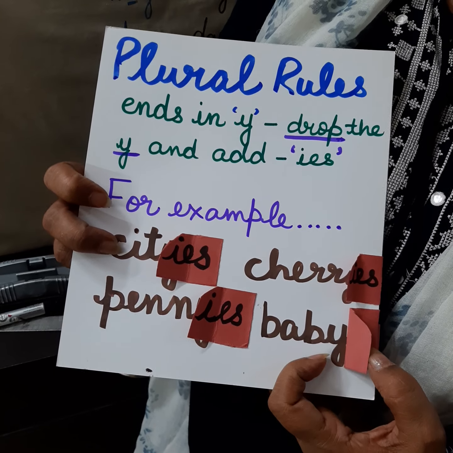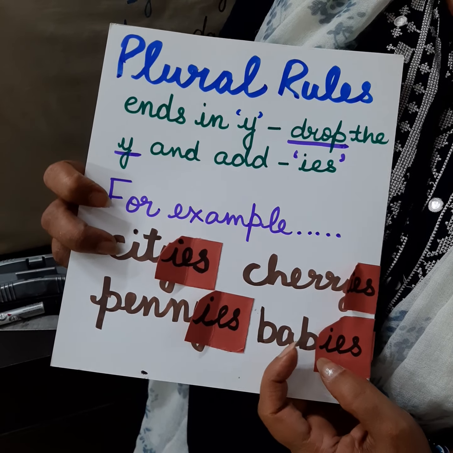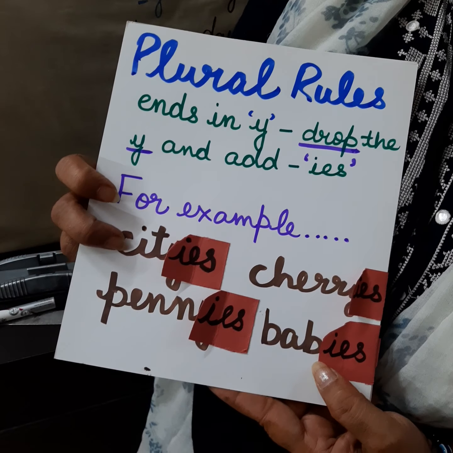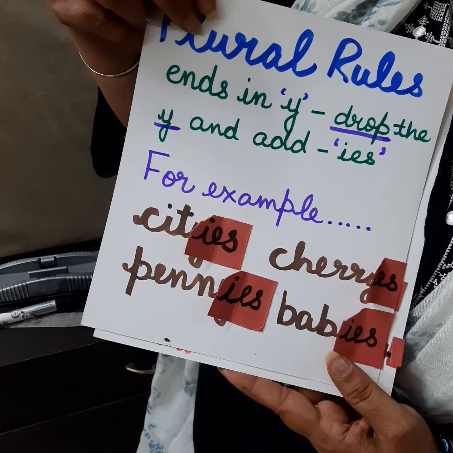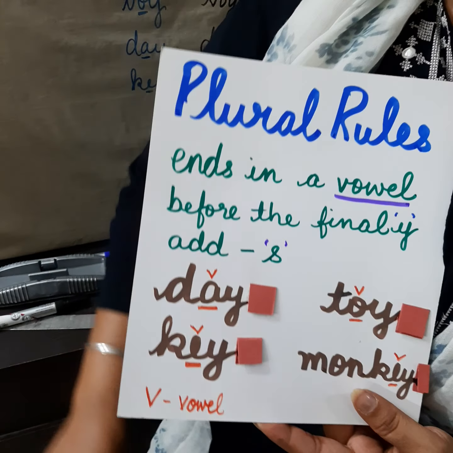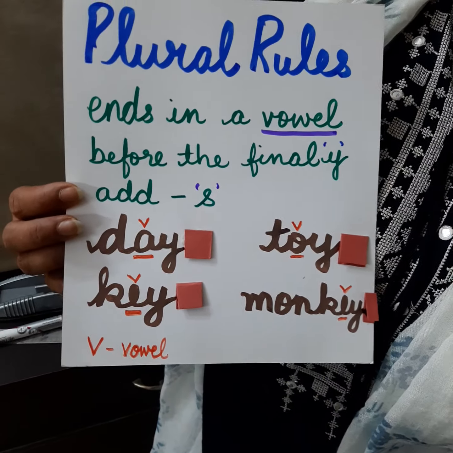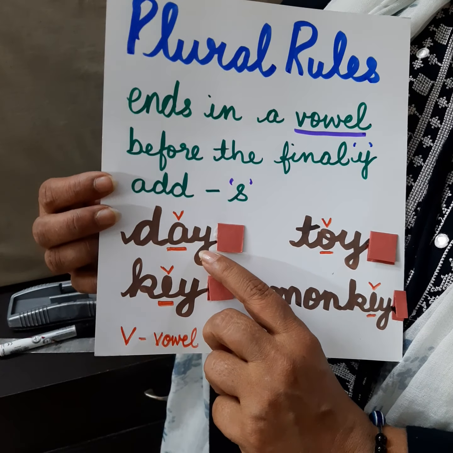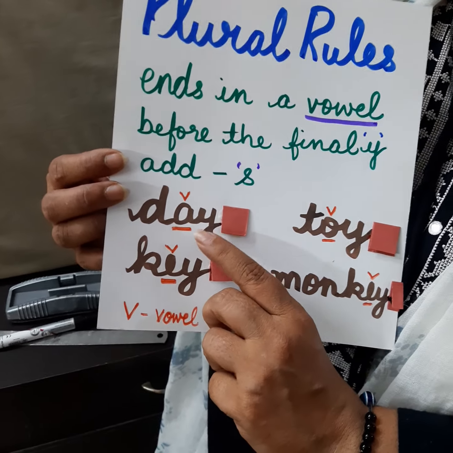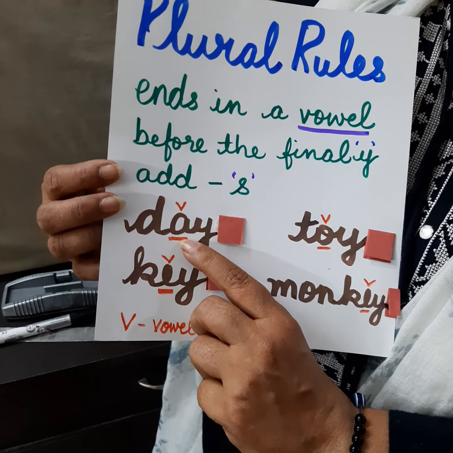Now baby is ending with Y, and we will replace it with IES, which will give us the plural word of baby, that is babies. Now here, as I told you, the last letter is Y, but the second last is a vowel.